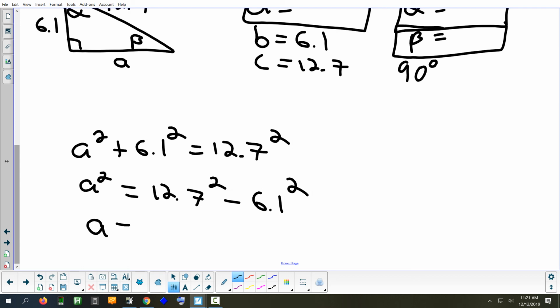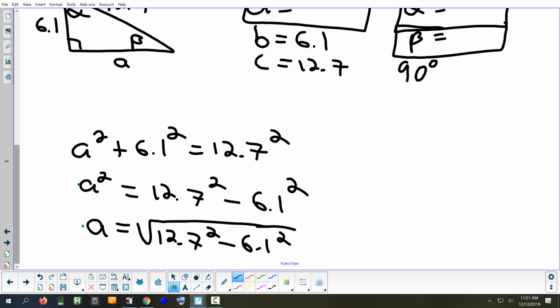And last step. Before that, how do I get from that to that? Square root. So take the square root of 12.7 squared minus 6.1 squared. If you type it in that way, you're not rounding anything off until the end. If you square 12.7 and round it, and then square 6.1 and round it, and then subtract it and round it, and then take the square root and round it, you've now rounded 4 times in the same problem.